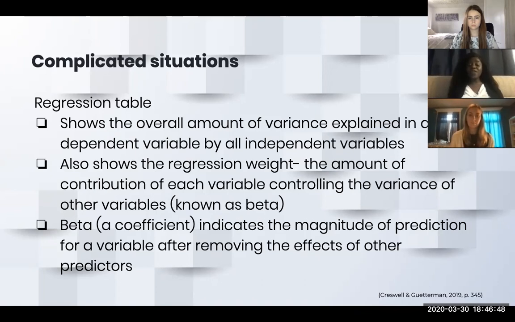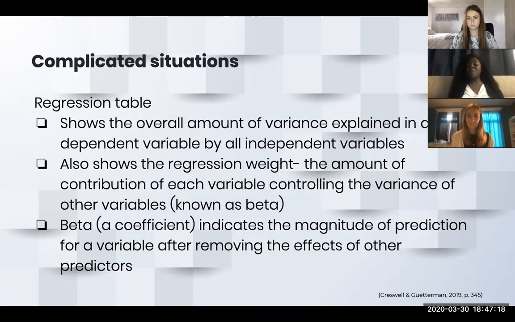The beta coefficient indicates the magnitude of prediction for a variable after removing the effects of the other predictors. So now we want to isolate this variable and indicate how much influence this one variable has on the dependent variable after removing the effects of the other predictors.